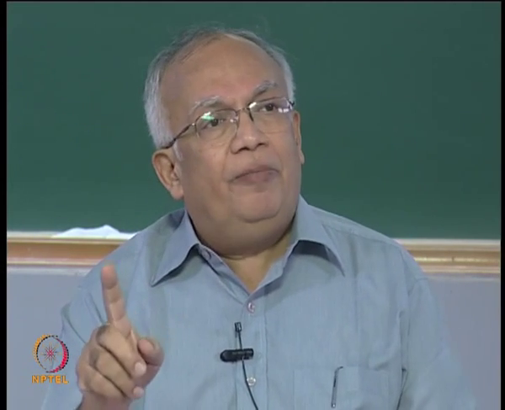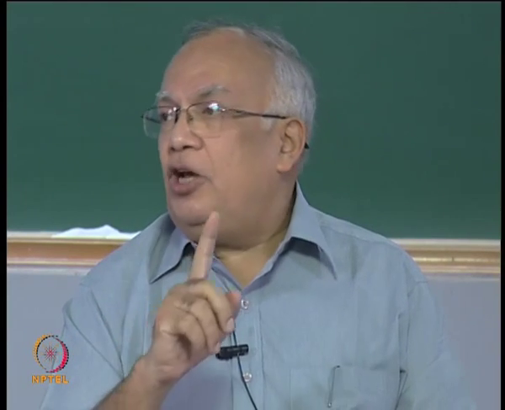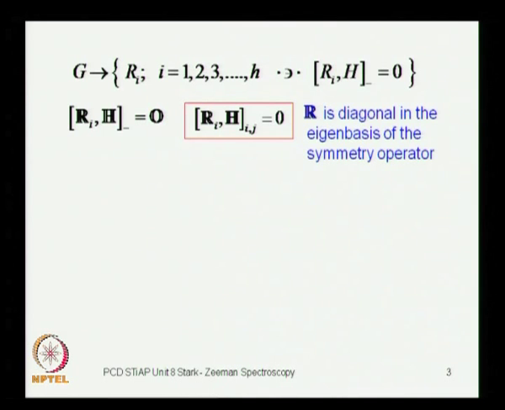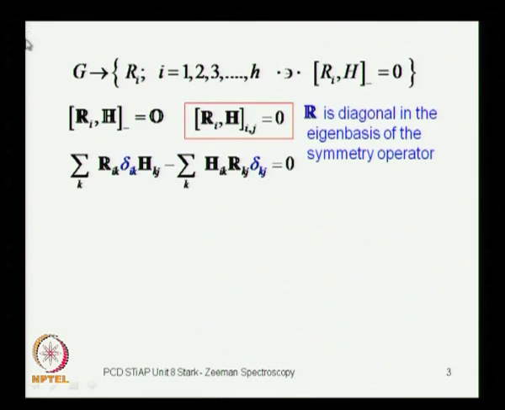So, now you construct an eigenbasis of the symmetry operator. These are not necessarily quantum mechanical eigenstates, but these are eigenstates of the symmetry operator in which the symmetry operator is diagonal, and if you use the fact that the ijth element is 0, then necessarily it means that if you sum over k Rik Hkj minus sum over k Hik Rkj, then this sum would vanish, but R is diagonal.